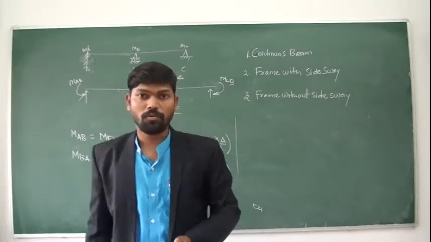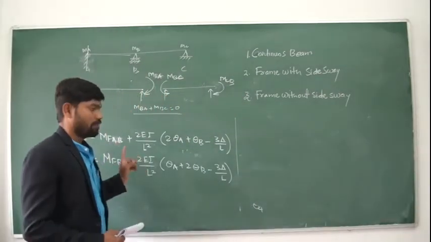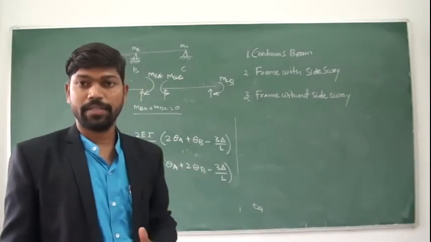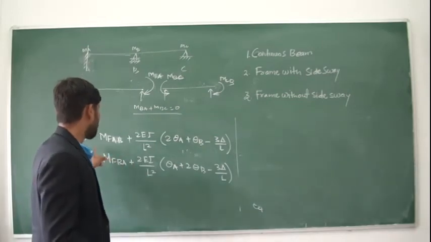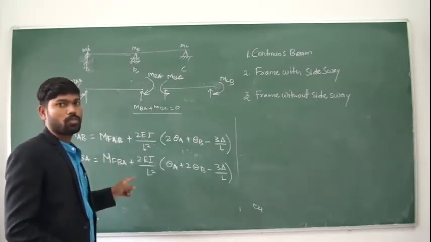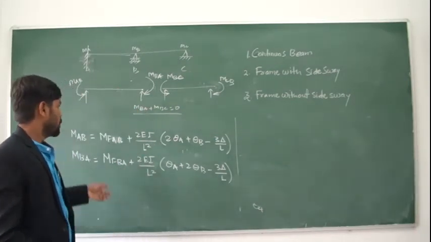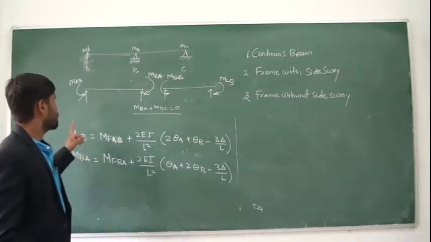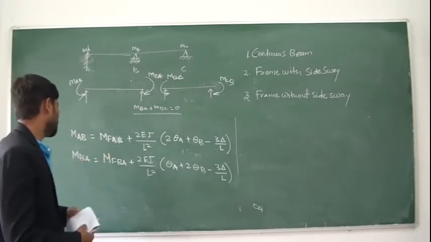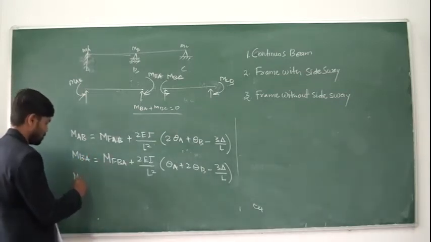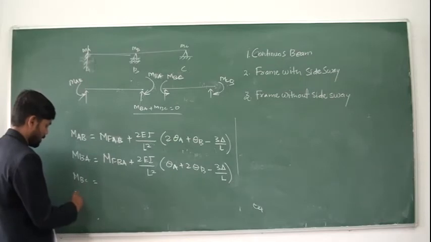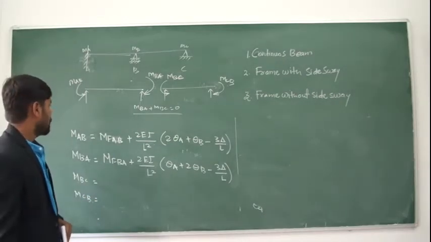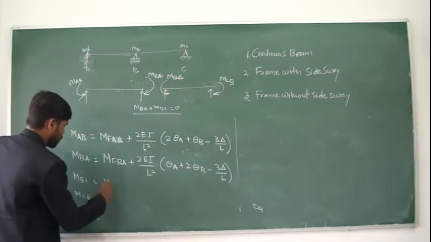Okay. Now this is our step number 2. First step, consider each span separately, calculate fixed end moment. Second step, derive the slope deflection equations for your span. Now this is a 2 span continuous beam. Your equations will be 4: MAB, MBA, MBC and MCB. Now see, I will write the equations for the other also.